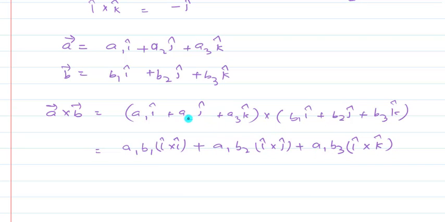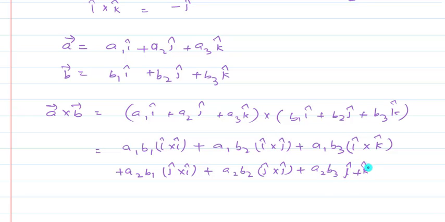Now let us multiply this A2 j cap with all these three one by one. So we are getting plus A2 B1 j cap cross i cap, plus A2 B2 j cap cross j cap, plus A2 B3 j cap cross k cap.